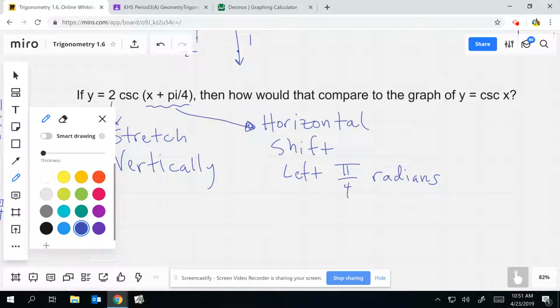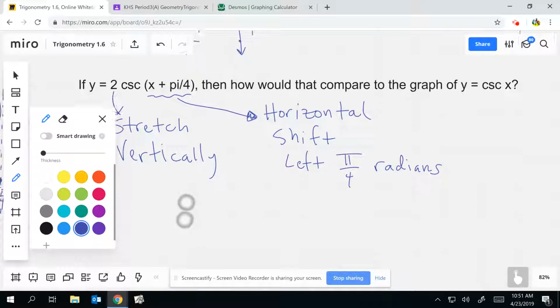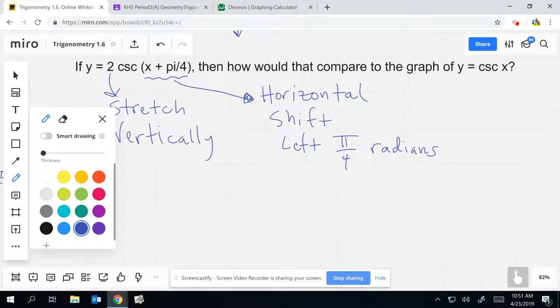Let me show you why it's left. Okay, if you remember what I told you on the last section, you take the parentheses and you set it equal to 0 because you want to see where you actually are going to start. X plus pi over 4 equals 0. This will tell you where your start is going to be.